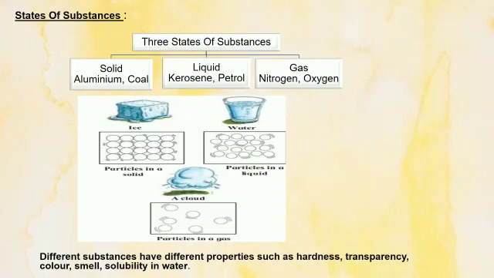States of substances. There are 3 states of substances, that is solid, liquid and gas. Water is found in nature in 3 states, solid, liquid and gaseous. In all 3 states, the individual particles of water remain the same. However, the arrangement of particles in each of these states is different.